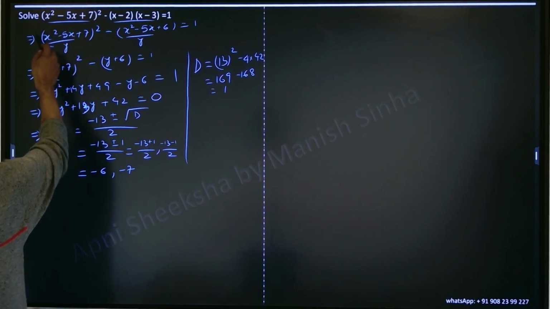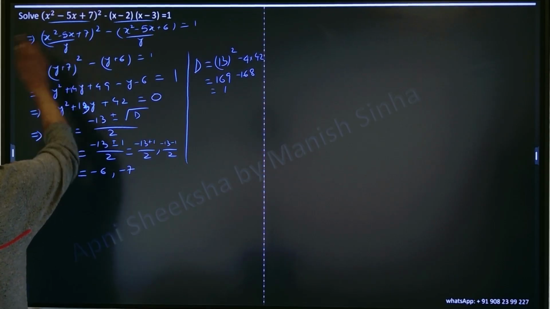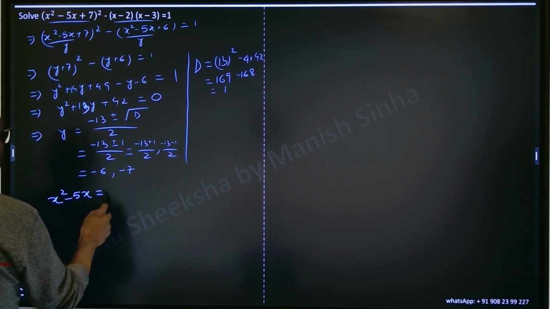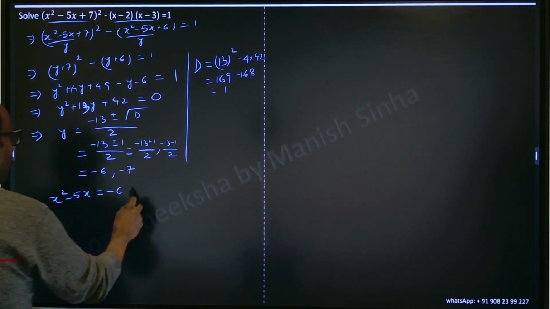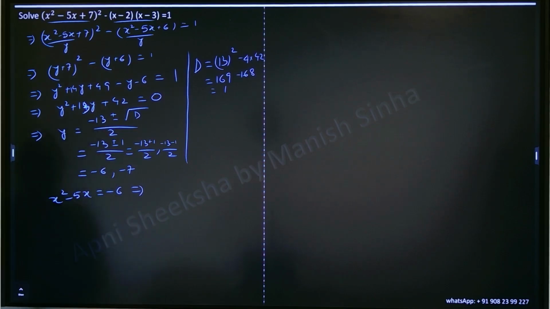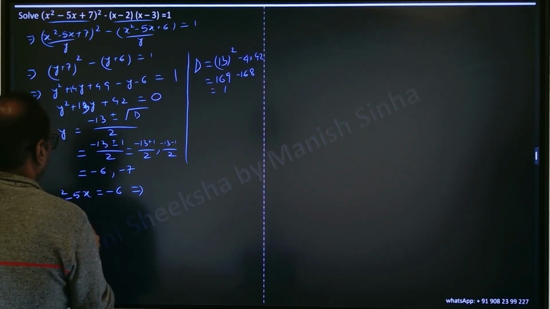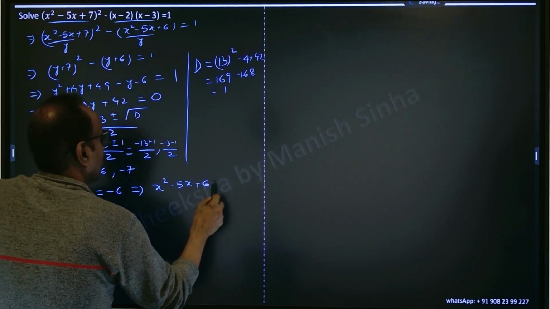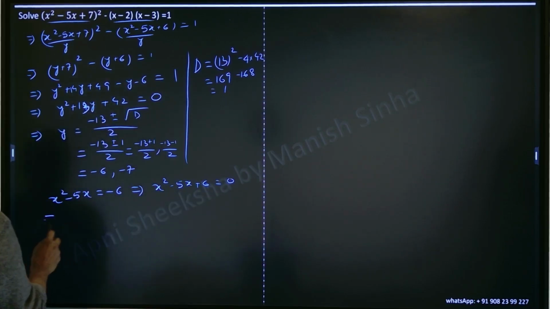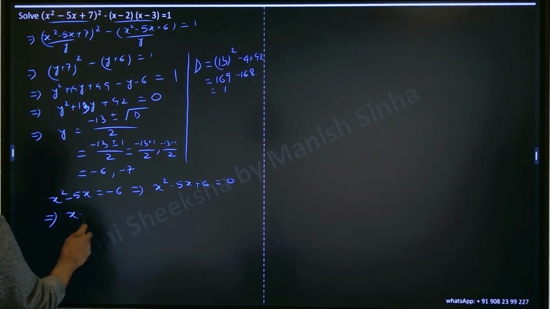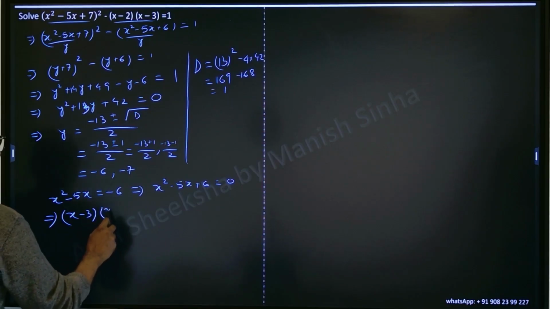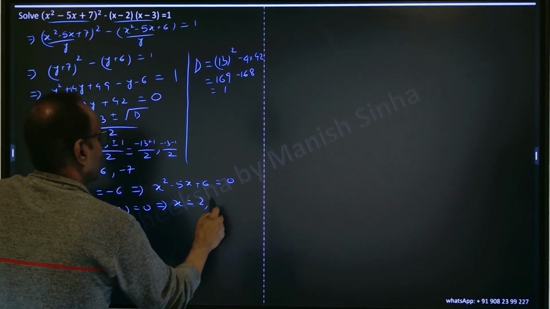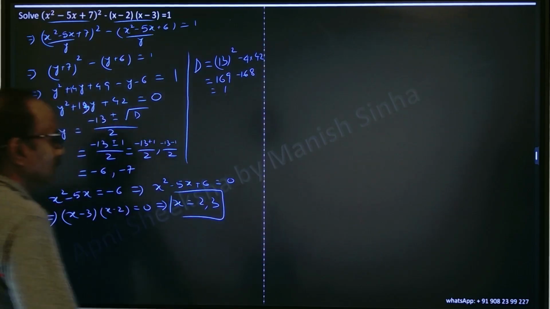y is your x square minus 5x. The first equation will be this for the minus 6 value. So x will be 2 and 3. One solution is this.